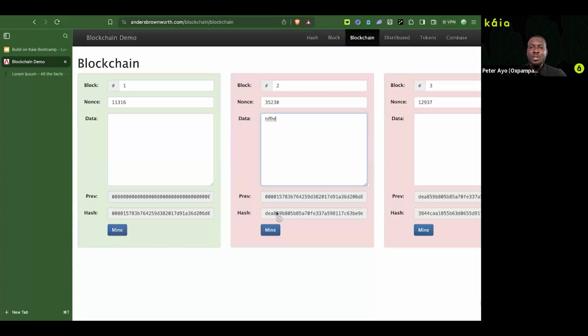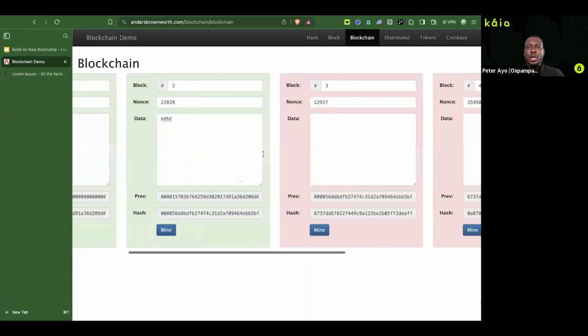But what we are looking for is a hash value with 4 leading zeros. So that means that we have to mine. When we mine, it runs through a mathematical algorithm to search for the nonce value that is going to provide a hash value with 4 leading zeros, given all of these parameters, right?